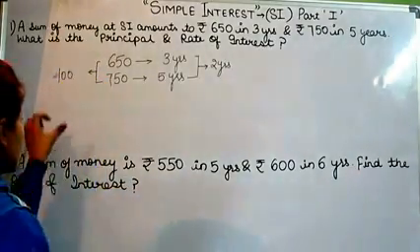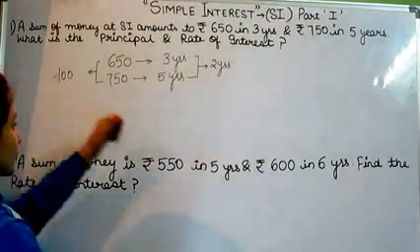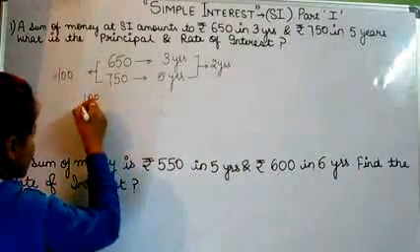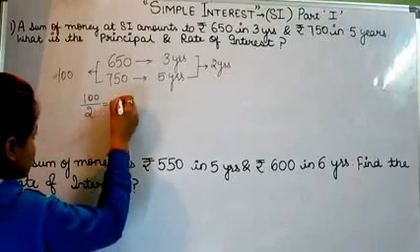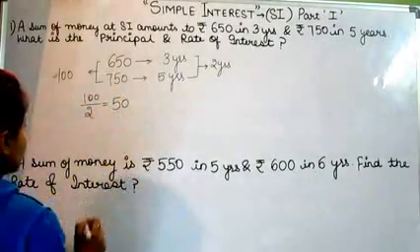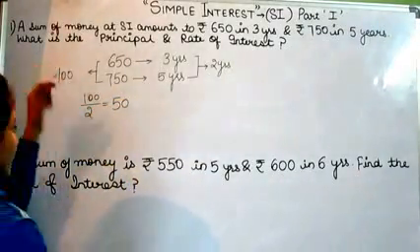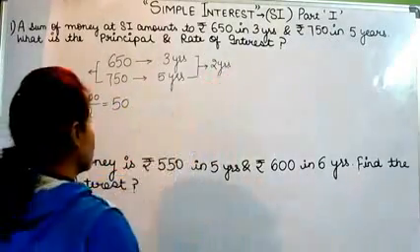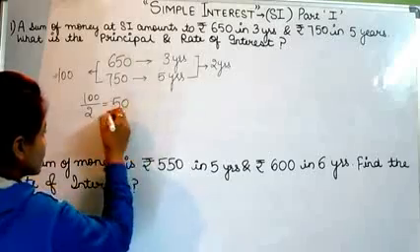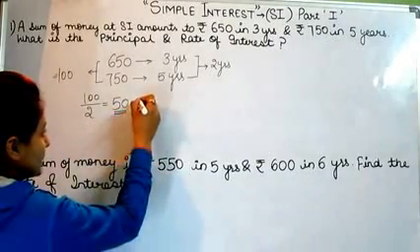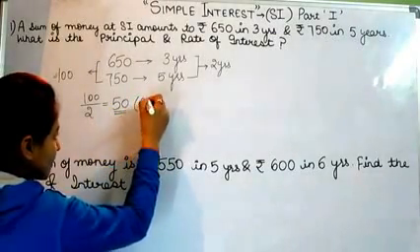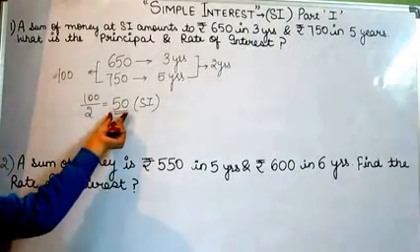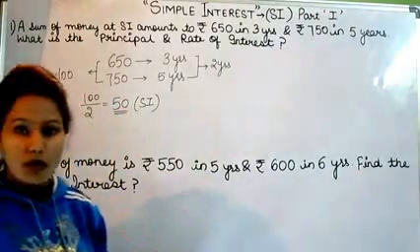So 100 is increased in 2 years. It means this is simple interest: 100 rupees as simple interest increase in 2 years. It means simple interest for 1 year is rupees 50, right? This is rupees 50 for 1 year.